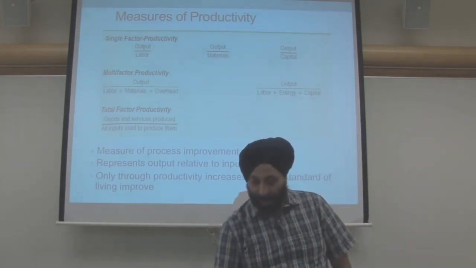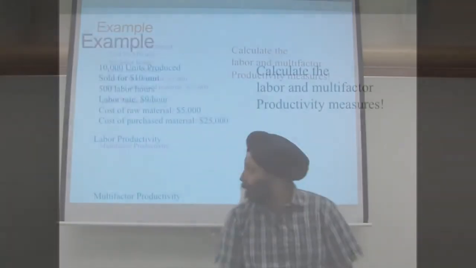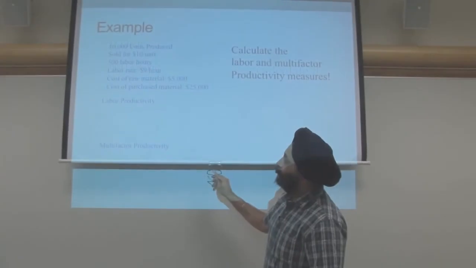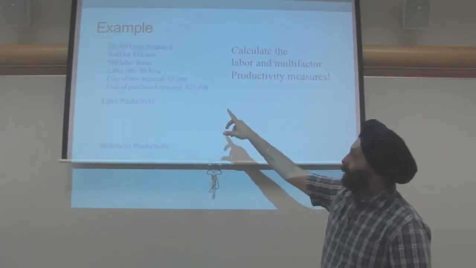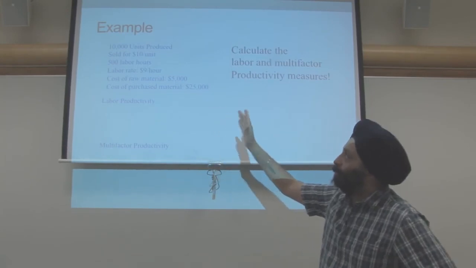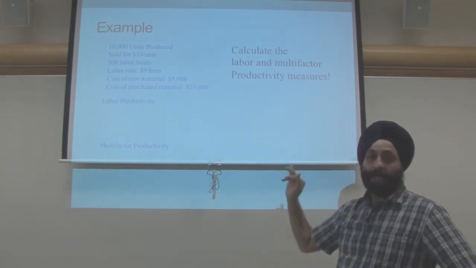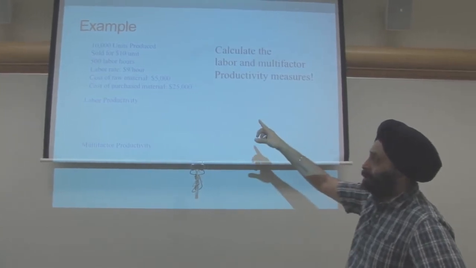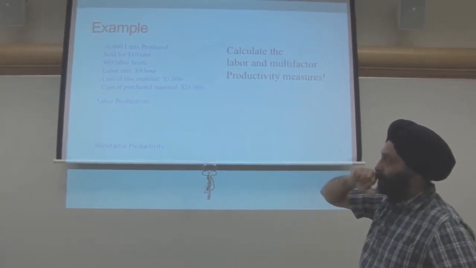So let's take an example of that. In this example, we are assuming 10,000 units are produced, sold at $10 a unit, 500 labor hours, and the labor rate is $9 an hour.